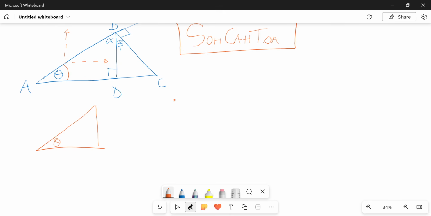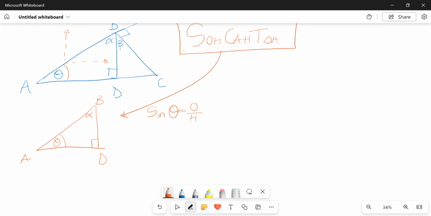Okay, we have that, A, B, D. Let's try to first focus on your theta. Okay, so using this, if we say sine theta is your opposite over your hypotenuse.